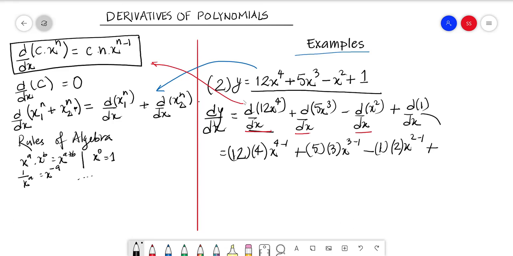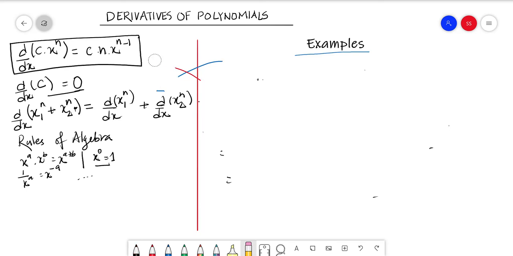And here's an important thing to remember. We talked about this formula, the derivative of a constant. So 1 is a constant, and the derivative of a constant will be 0. So let's simplify this one: 48x to the power 3 plus 15x to the power 2 minus 2x plus 0. Example number 3.